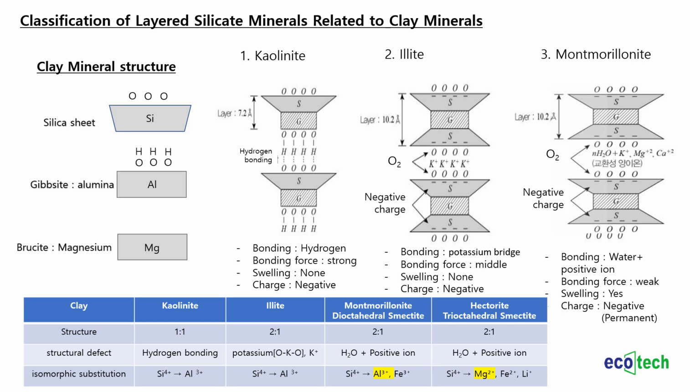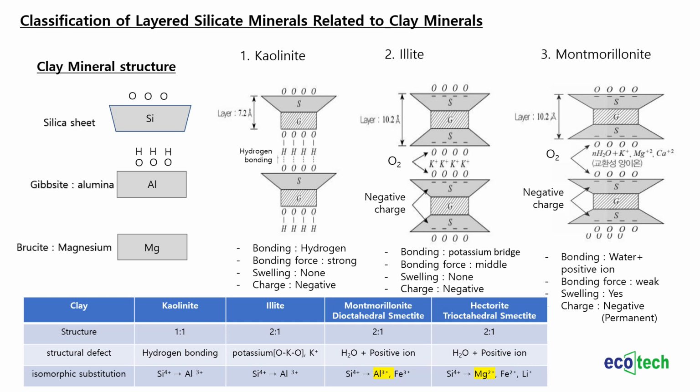Illite has a 2:1 structure with potassium ions acting as bridges between layers. This results in moderate bonding strength and also no swelling. Like kaolinite, it has a negative charge due to the same type of silica and aluminum ion substitution.